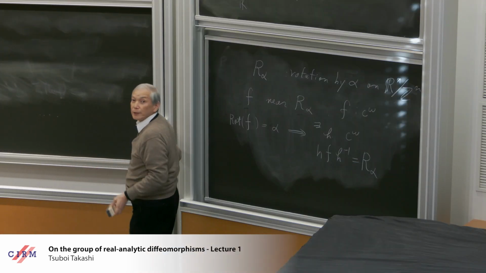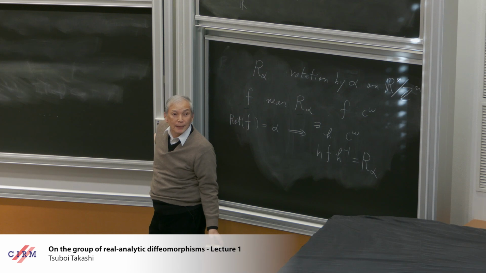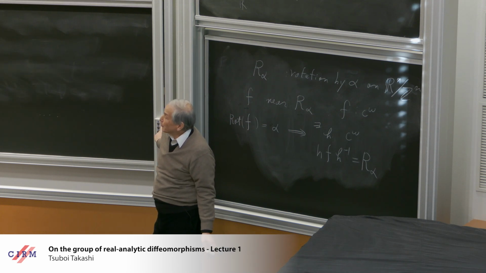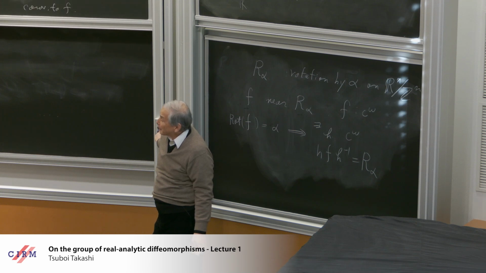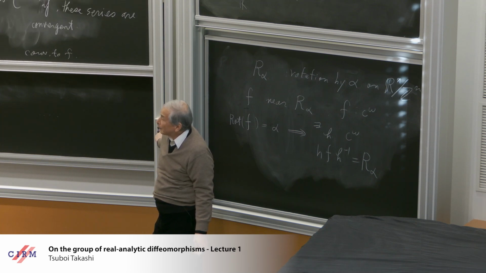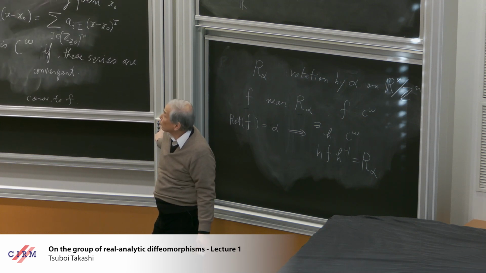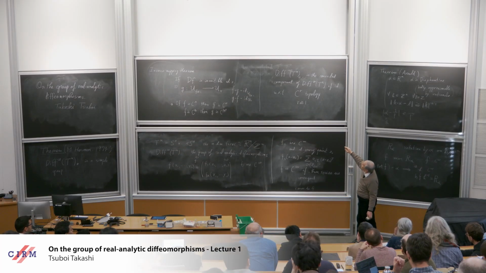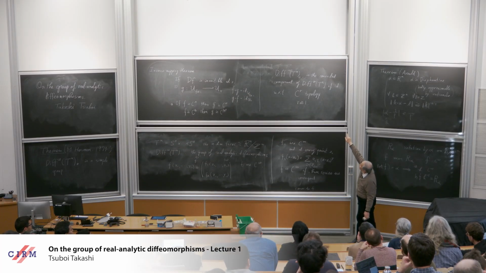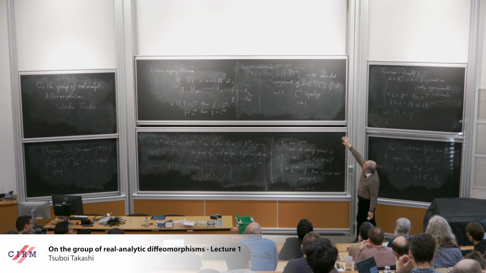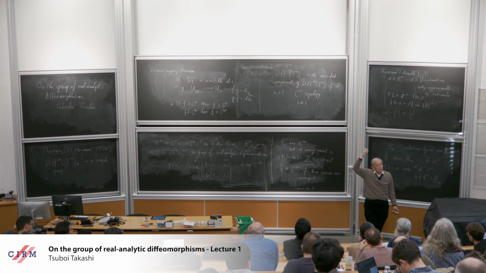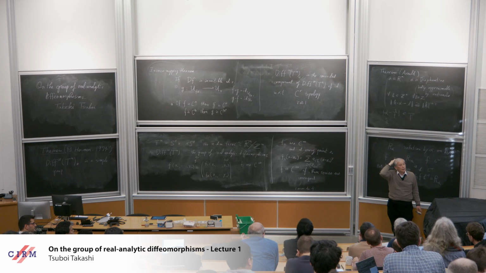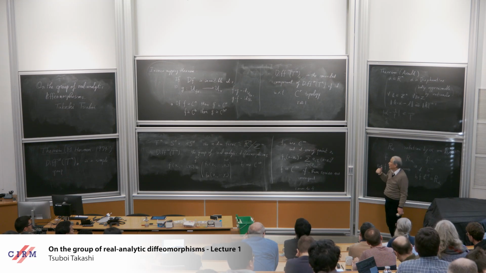Is there any question? Yes, please. Is near the rotation in the analytic distance? I didn't define the distance, and I said C1, C2, C. So the topology here, I'm thinking C^r topology for r greater than 1, always. Okay?